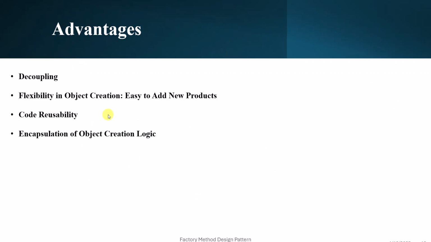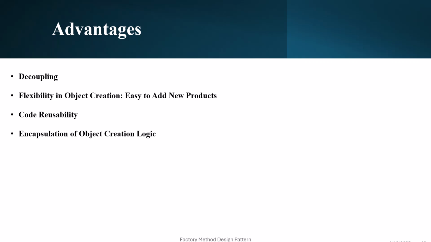There are some advantages and disadvantages also while using the factory method design pattern. One of them is decoupling. As I said, factory method gives the decoupling advantage. How do we do that? Here the factory method decouples the client code from the concrete classes of the product, and the client only interacts with the product interface, making the system more flexible and extensible.